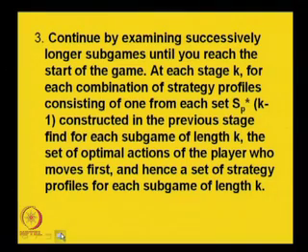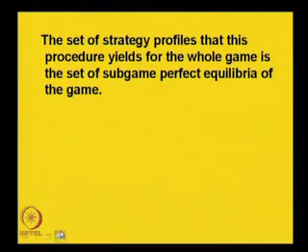So, just stating the induction, if you have found out what are the optimal strategy profiles of length k minus 1, then you go back to subgames of length k until you reach the start of the game.